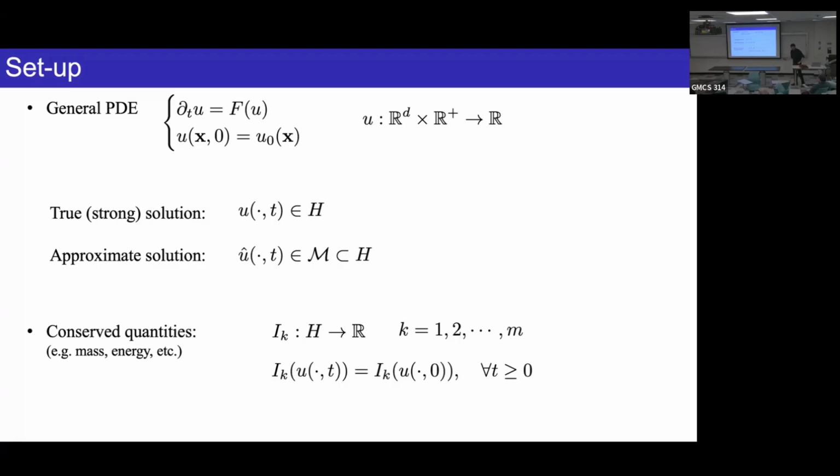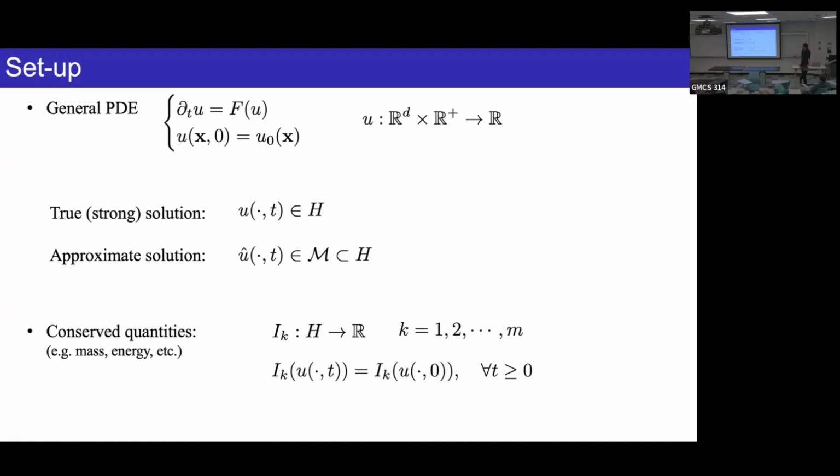Now, a lot of PDEs that at least I encounter come from physical models, and they conserve certain quantities. For instance, mass conservation, energy conservation are built into these PDEs. Now, when you discretize a PDE to numerically solve it, oftentimes the discretization, if you're not careful enough or don't work hard to design the discretization in a special way, may not necessarily also conserve these physical quantities.